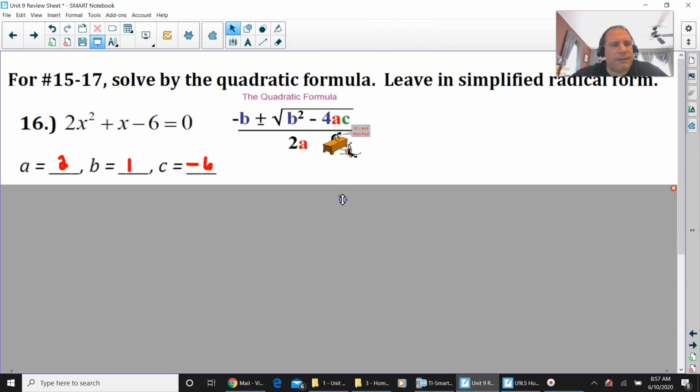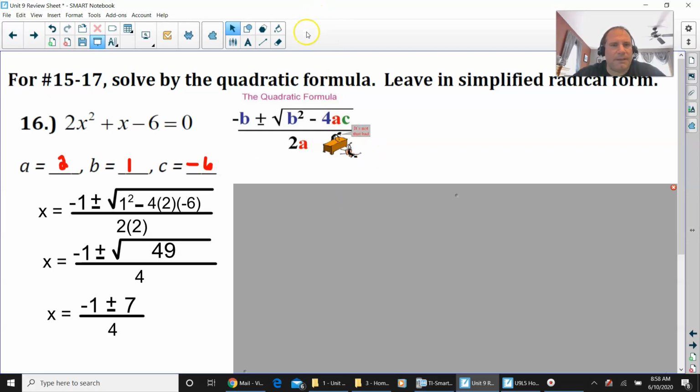Alright, so we could substitute this into the quadratic formula. Negative b now turns to a -1, plus or minus square root 1 squared, which is b squared, minus 4 times a, which is 2, times c, which is -6.